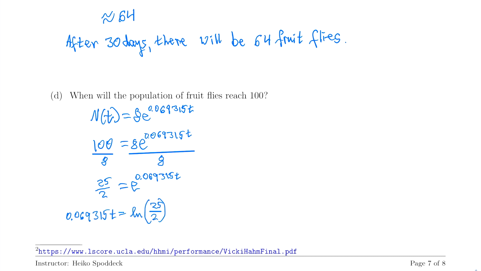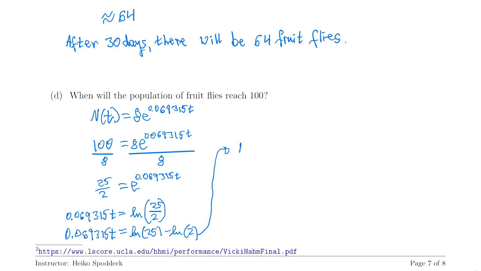Now we can rewrite that, it's a matter of taste. You can just leave it like that, or you can remember that we have some logarithm properties that allow us to write that as a subtraction, ln of 25 minus ln of 2, because at the very end I again have to divide by our continuous growth rate.